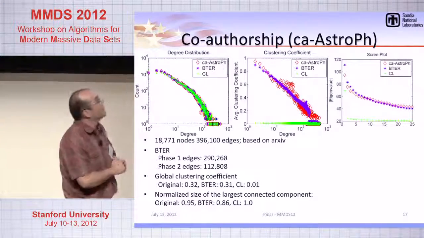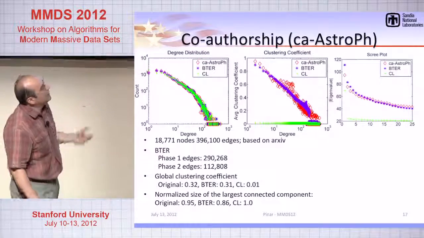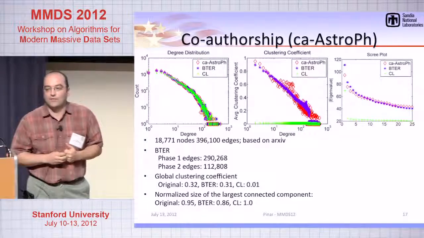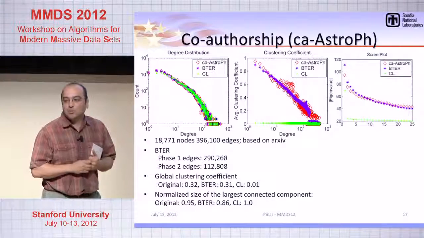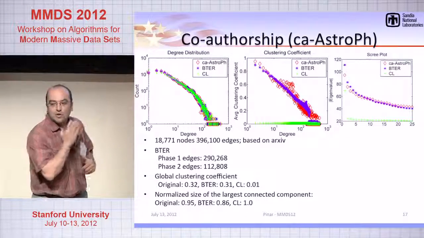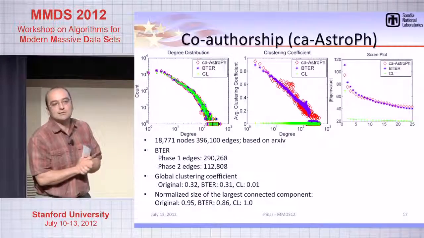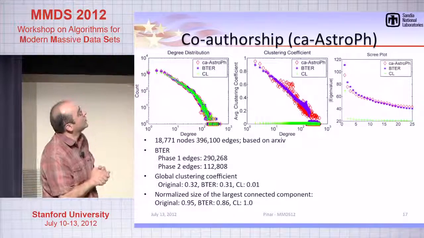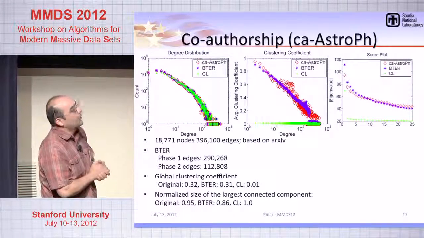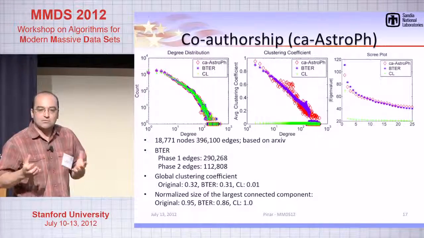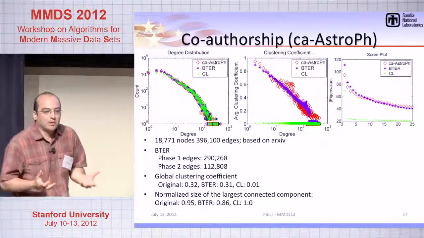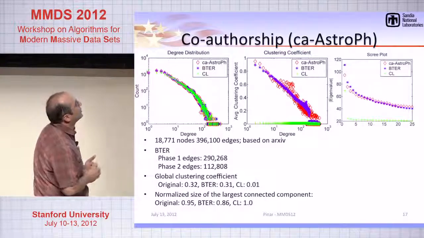That was not too hard anyway. The one in the middle is for clustering coefficients, and BTER matches them almost perfectly. The clustering coefficient distribution is extremely close to what you would expect. We use it as a guide anyway, so forming these triangles is the motivation for BTER. We were able to reproduce that.